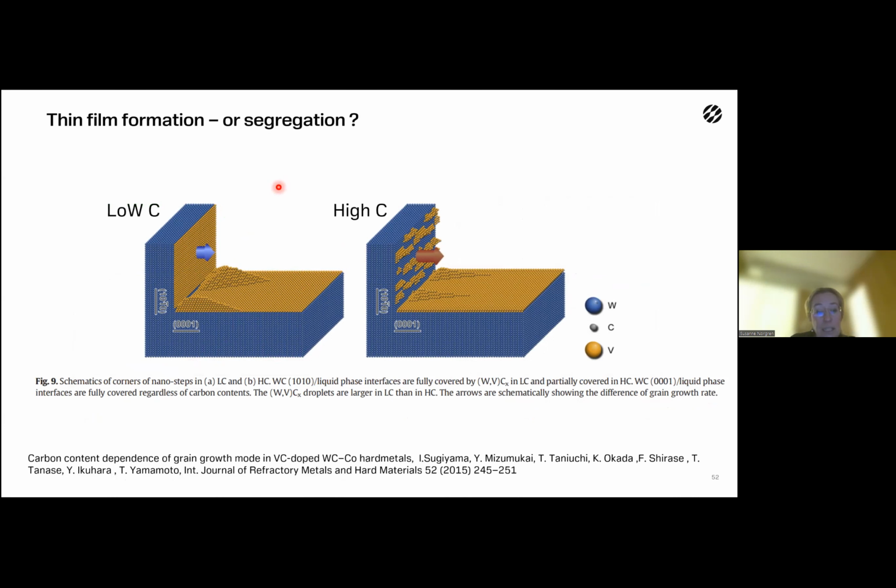And here in this article by Sugiyama, they think that it could actually be both.